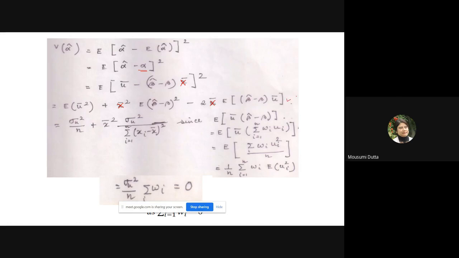So please let me know whether you understood up to this or could complete up to this. Is it okay?